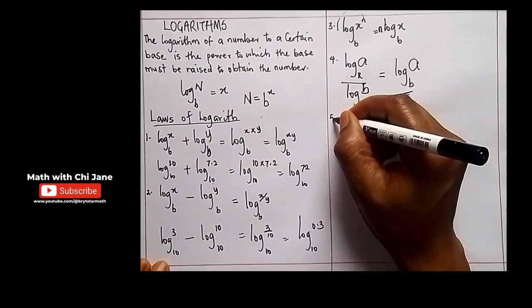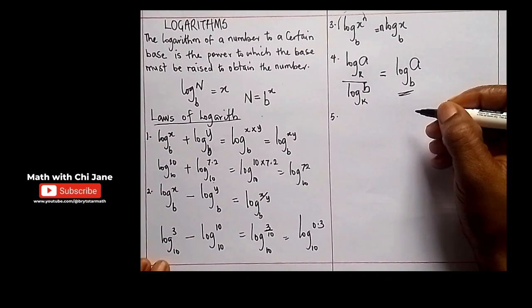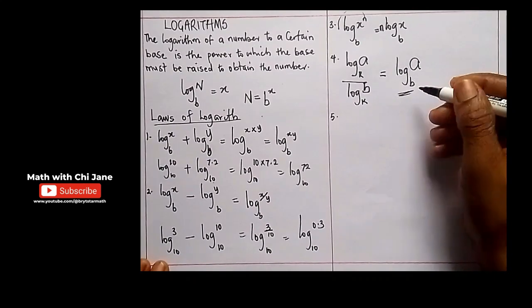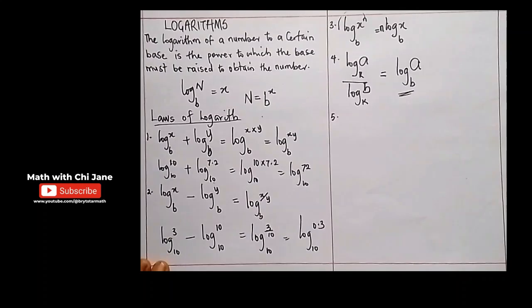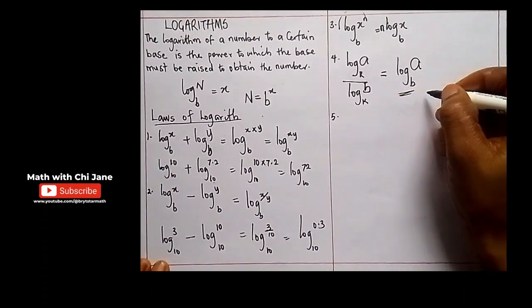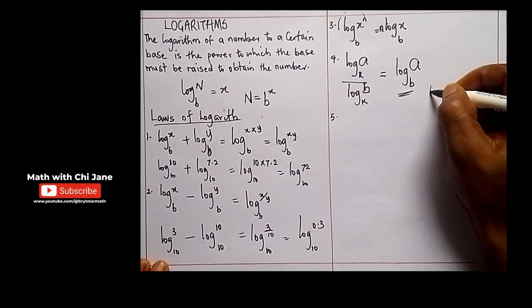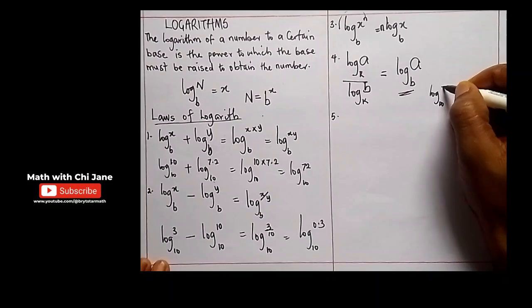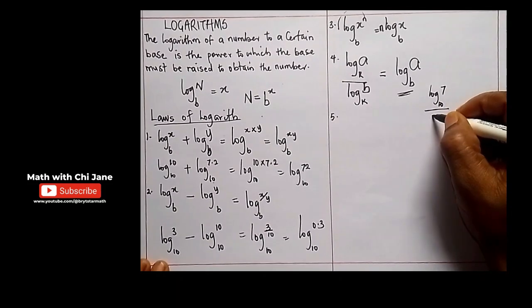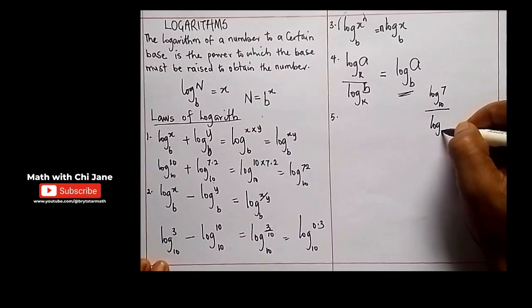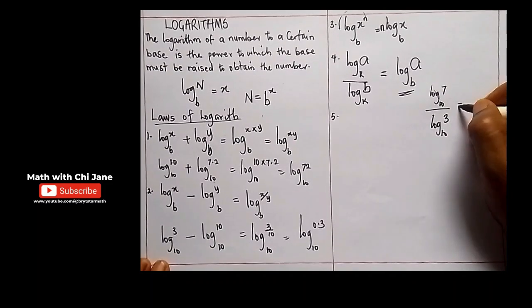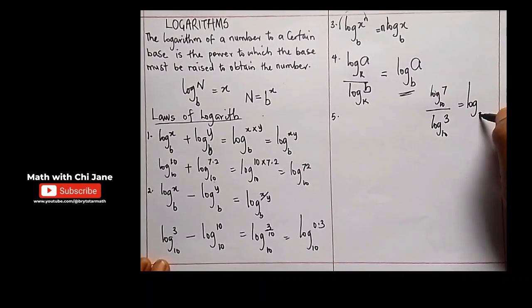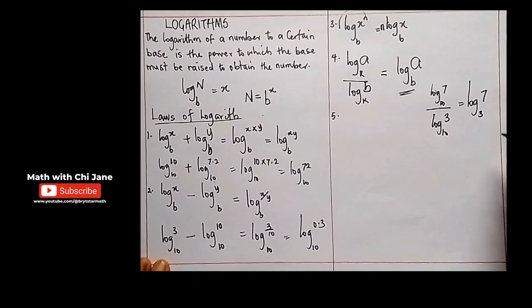Okay, that's a law. We are going to examples, where we will see how to apply them. Let's just say we have log base 10 of 7 over log base 10 of 3. The logs will cancel each other, so we are left with log 7 base 3.